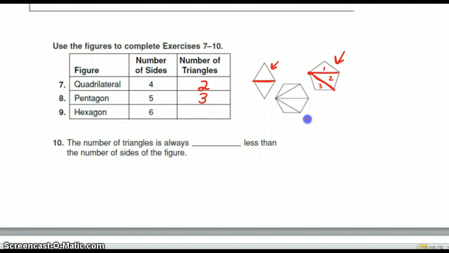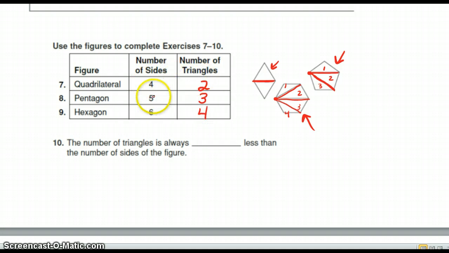Let's see about our hexagon. 1, 2, 3, 4, 5, 6 sides. I pick one vertex and draw my lines out. And I get 1, 2, 3, 4 triangles. 6 sides gave me 4 triangles.